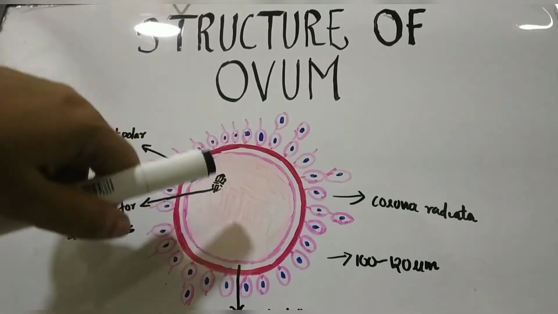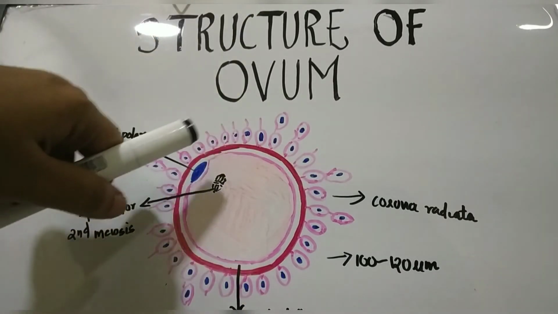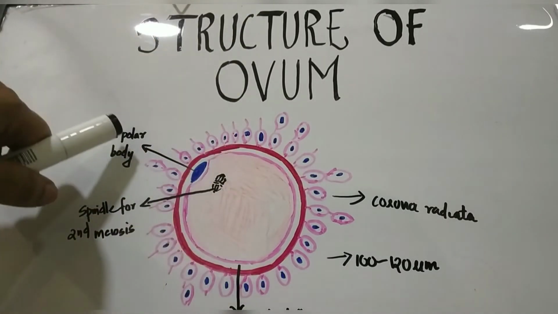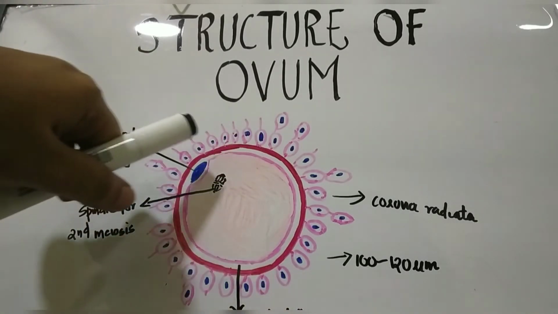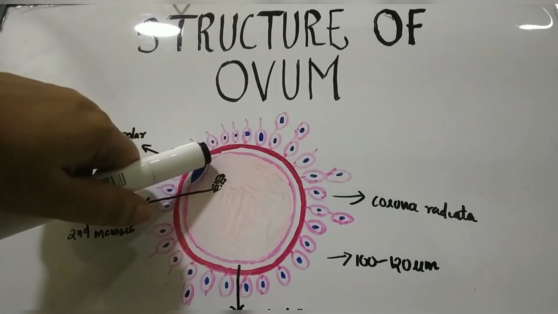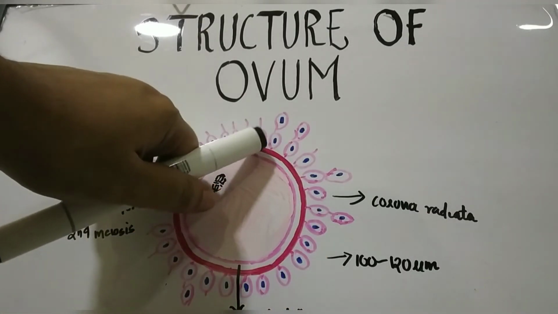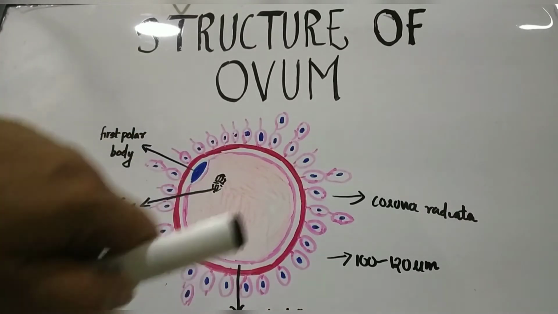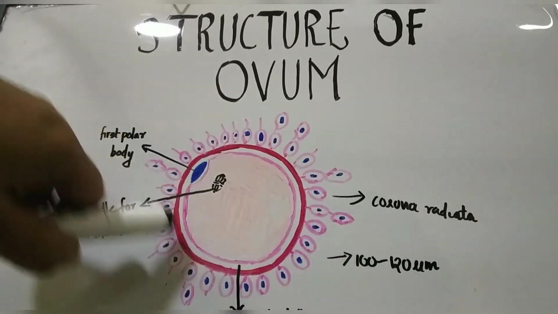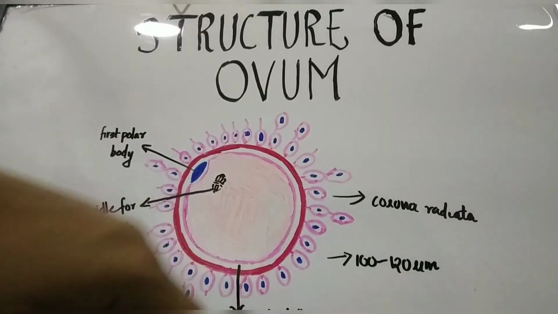Just prior to ovulation, the primary oocyte completes the first meiotic division, and it results in the formation of the first polar body and the secondary oocyte. That first polar body is seen in the perivitelline space in between the zona pellucida and the secondary oocyte. You can also see some cells of the corona radiata above it.